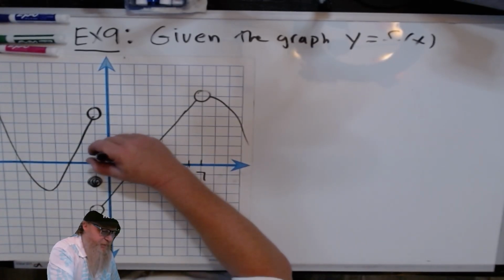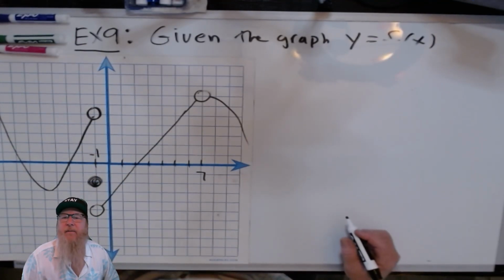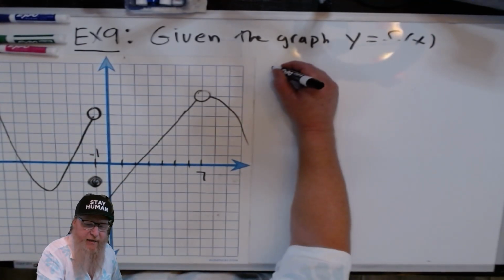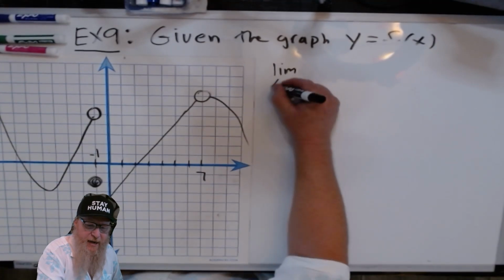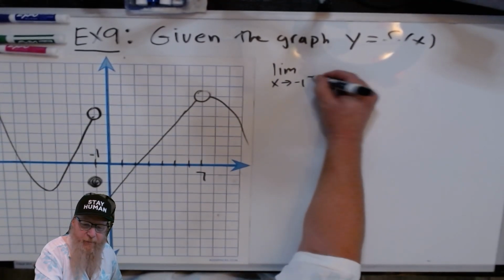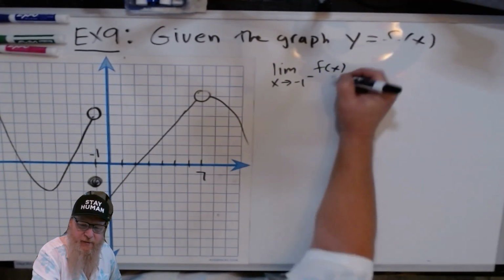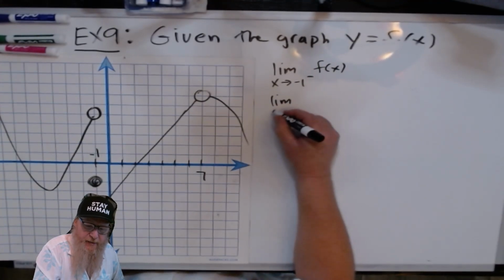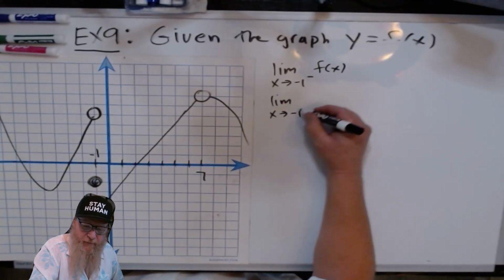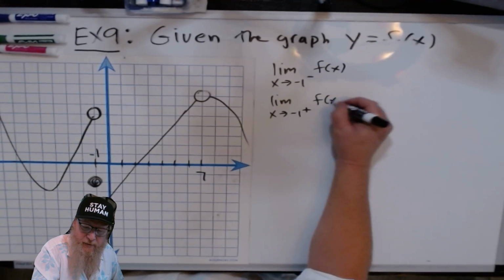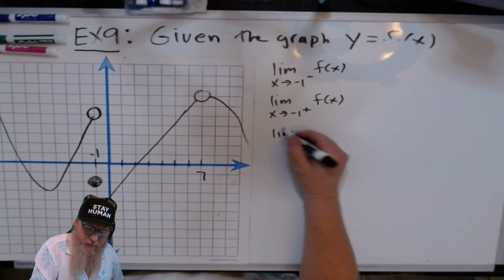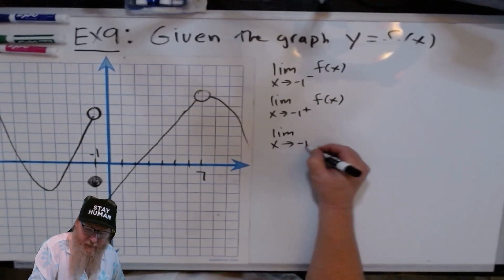Maybe it is the same. I don't think the y values are the same, though. All right, so let's find the limit as x approaches -1 from the left, the limit as x approaches -1 from the right, and the limit as x approaches -1.